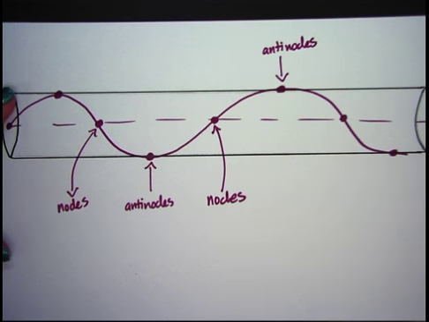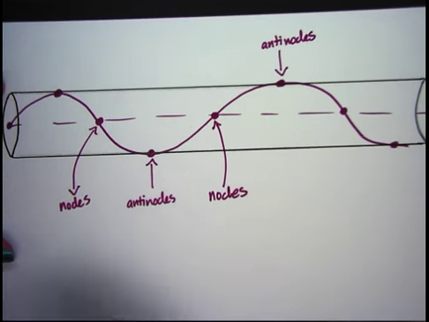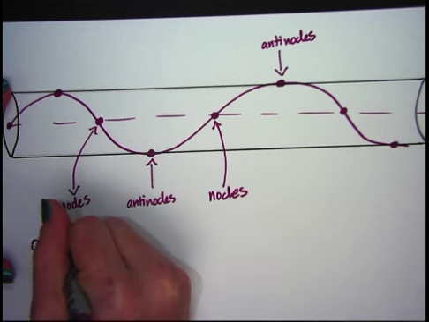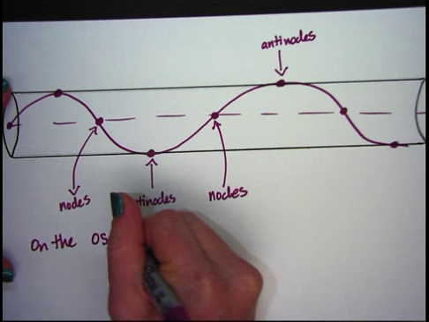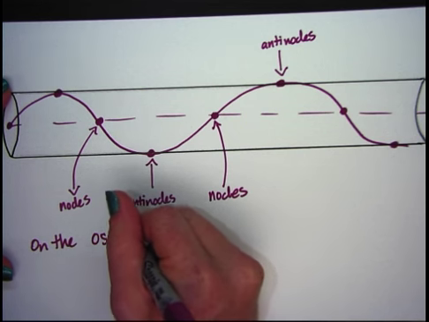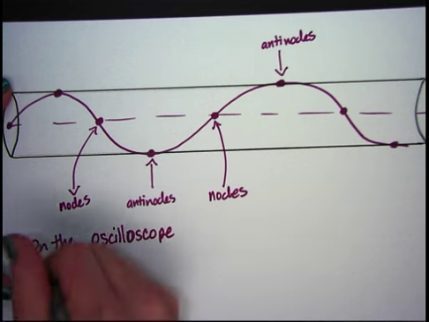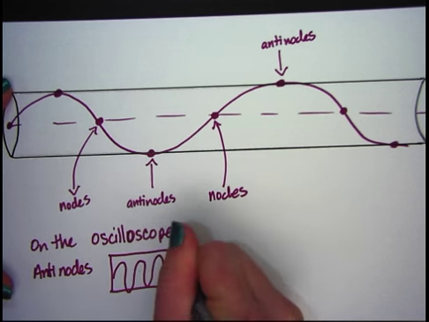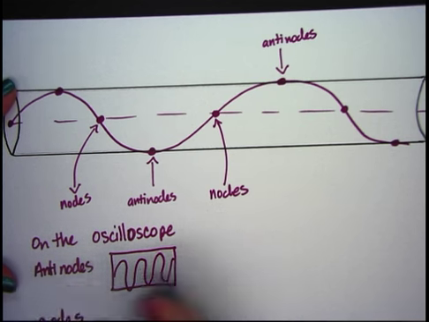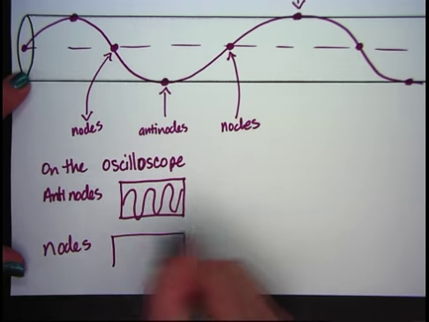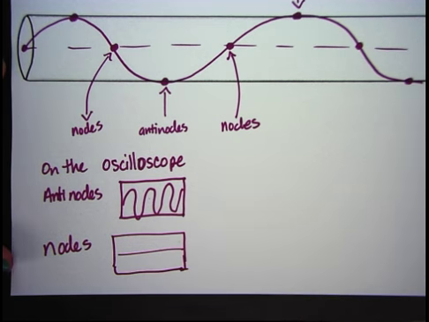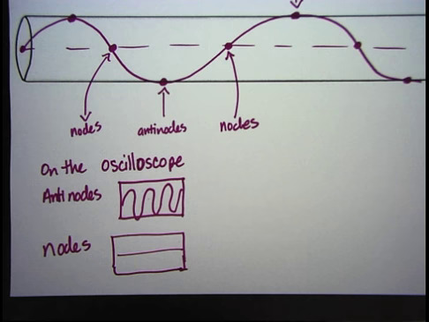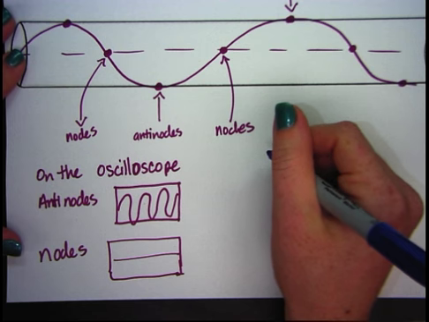And so you're going to do that by marking each node and antinode, by sending your mic into your resonance tube, and like I said before, your mic will then be connected to the oscilloscope where you'll be able to see the changes of the standing wave as you move your mic along the length of the tube.